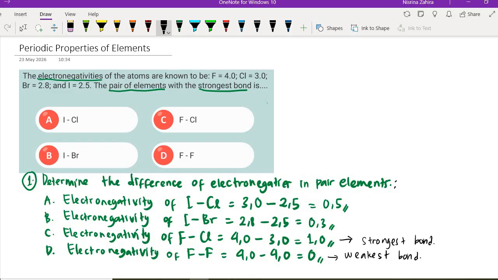Okay, so I think this is the concept for electronegativities. Jadi intinya, semakin besar selisih elektronegativitas dari pasangan suatu unsur, maka ikatan yang terbentuk itu akan semakin kuat. Dan sebaliknya, jika selisihnya semakin kecil atau bahkan sama dengan 0, maka itu akan menghasilkan ikatan yang sangat lemah. Seperti itu.